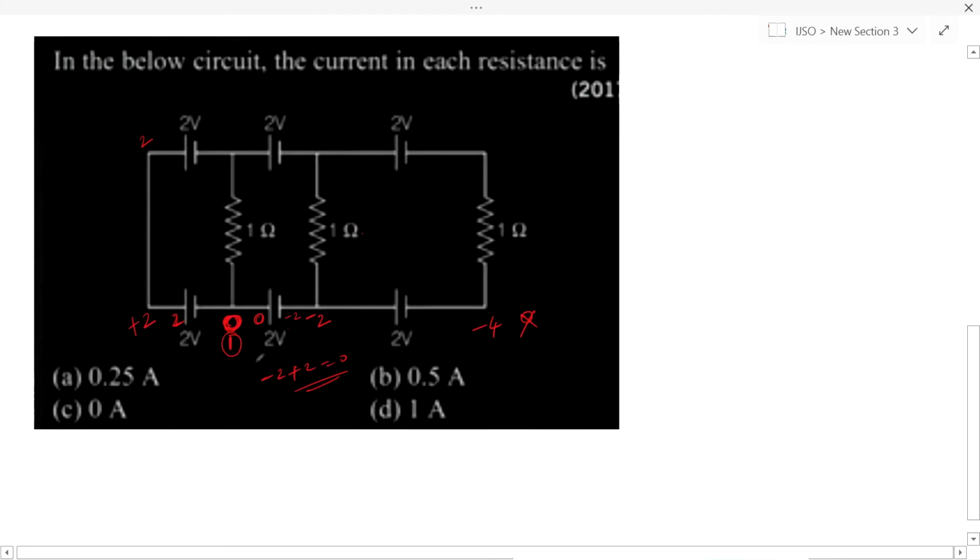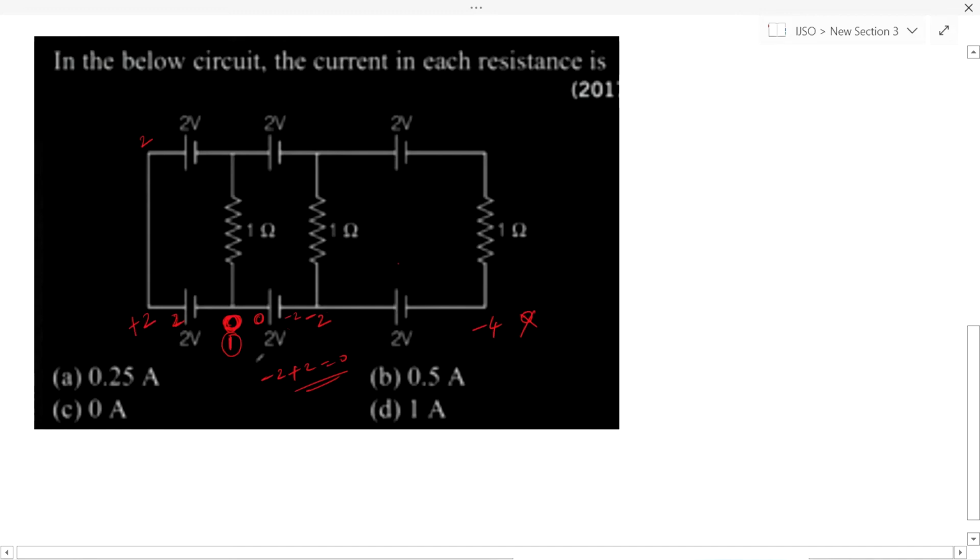So as you go to the right, it becomes negative, because once we consider this as 0, on that side it becomes negative.